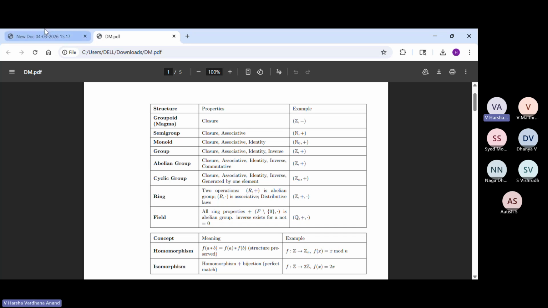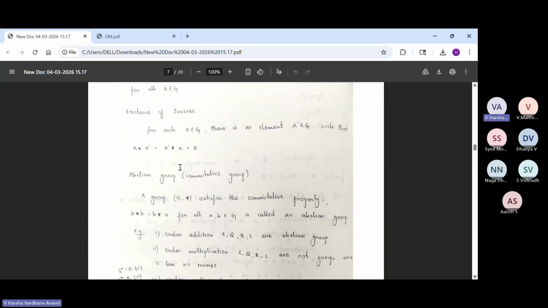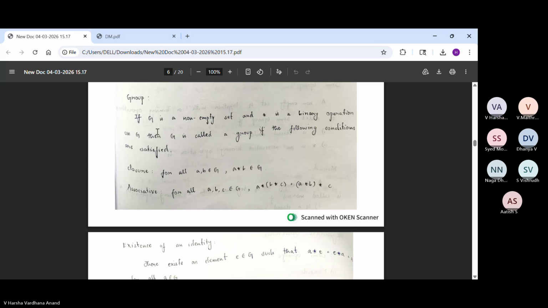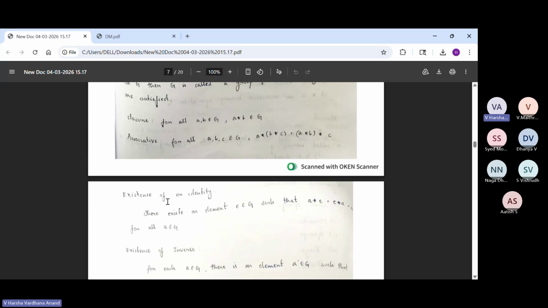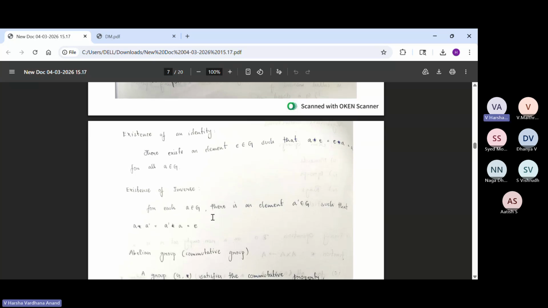Let's just take group next. So group would be monoid having inverse. Here you can see that the group has closure, associative, identity, and inverse. Inverse means for A, any object, there is A star, another object, and if we do that operation, it will give you the identity.